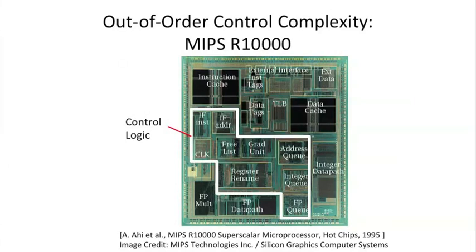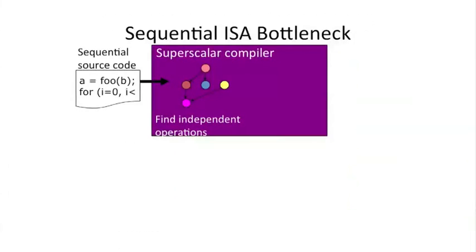Another problem with out-of-order superscalars, or superscalars in general, is thinking about how we express parallelism. I alluded to this in a previous lecture, but it's worth repeating. So let's take a look at what happens for sequential code on an out-of-order superscalar. We start off here with some piece of C code.